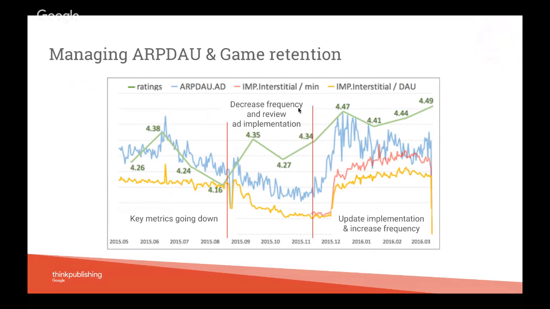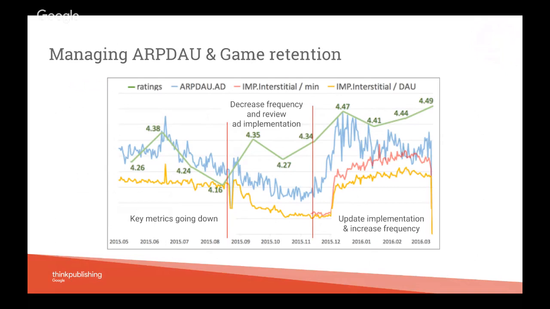If we are looking at the data, you see there are basically 3 colors of lines. The first one would be the green color, representing the ratings of your app on the App Store. The second line is the impression from the interstitial.